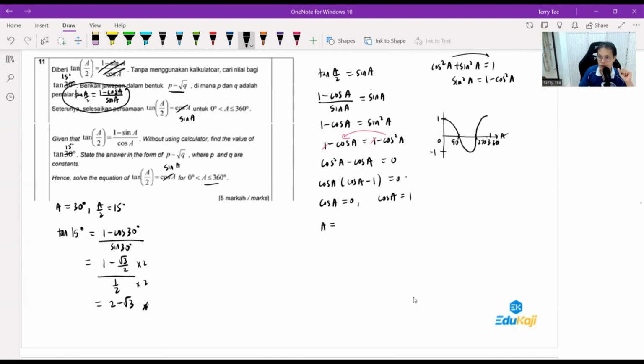You think this way, this is 0, move across, your two answers are 90 and 270. For cos A equals 1, this is 1, you move across. First answer is 0, second answer is 360. So we say A is 0 and 360. All in all, you have 4 answers: 1, 2, 3, 4.